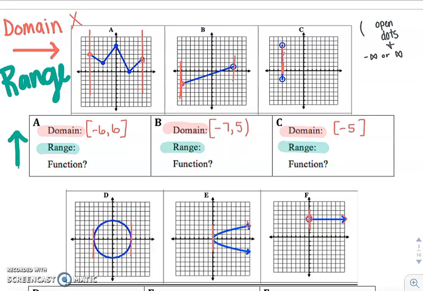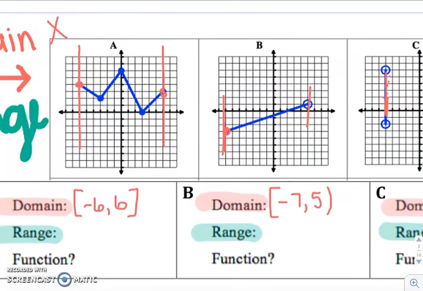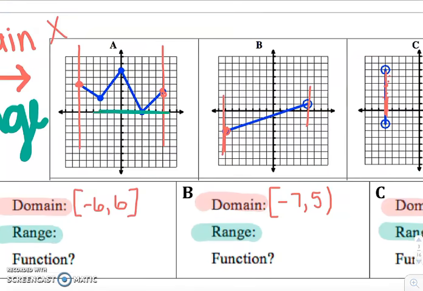So range is going from bottom to top, whereas domain goes from left to right. So if we look at this first graph here, the lowest point is right there. The highest point is right there. So which y values on that y-axis, we're looking at those values there, are those points.